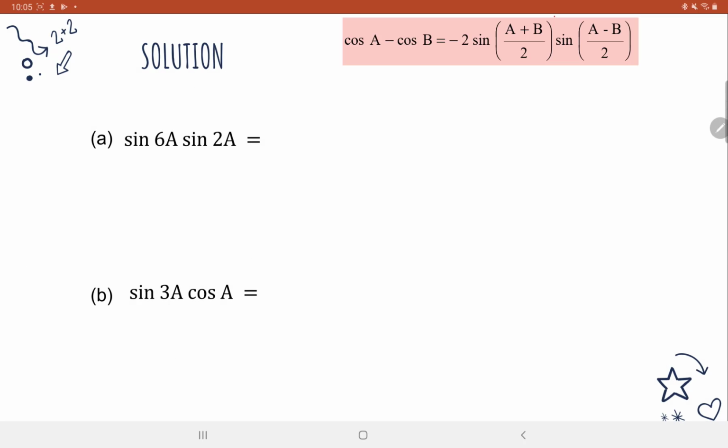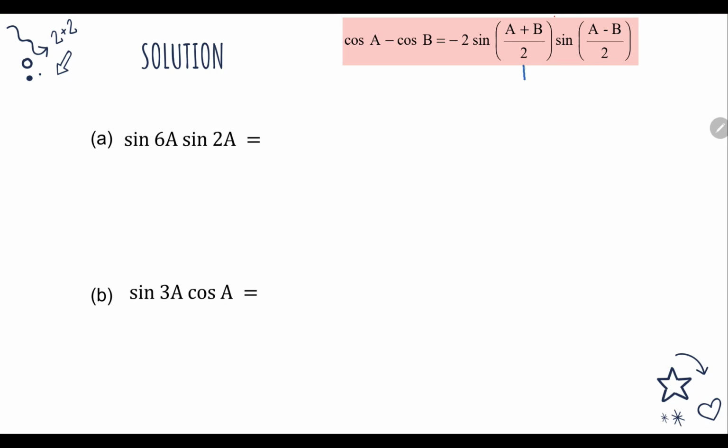I hope you remember that we replaced (A plus B) over 2 with P and (A minus B) over 2 with Q. On the left hand side, cos A minus cos B, where A is P plus Q and B is P minus Q. For the question here, we write this as P and this as Q. This is our product.